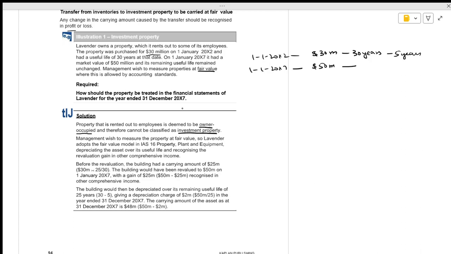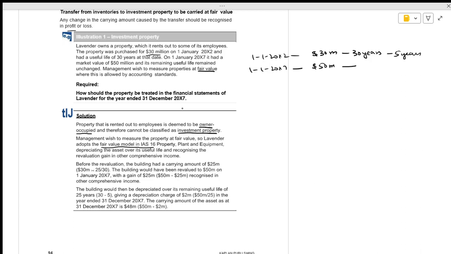Very, very clear. If it is owner-occupied or owned and rented to its employees, then it is not going to be investment property. Management wishes to measure at fair value. So Lavender adopts which model? The fair value model in IAS 16.